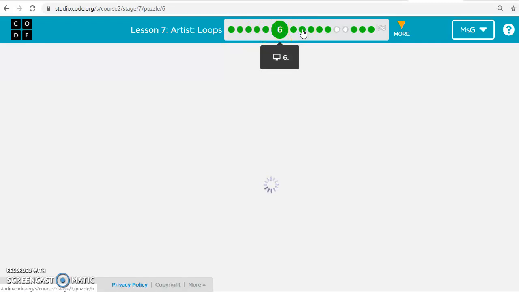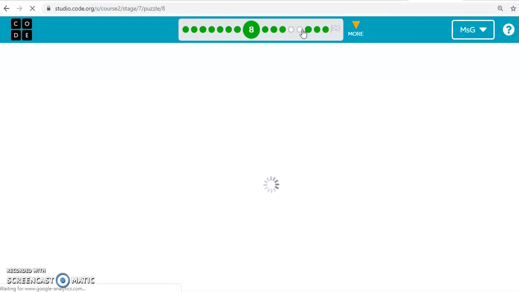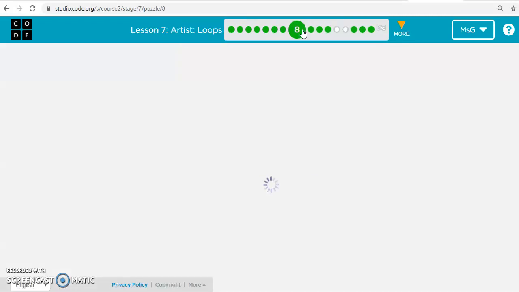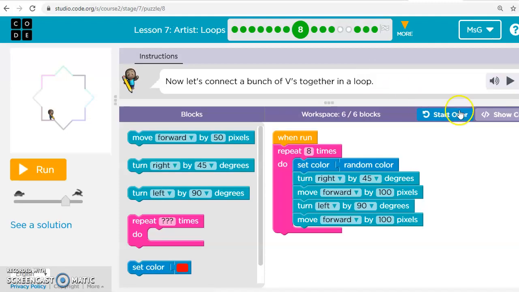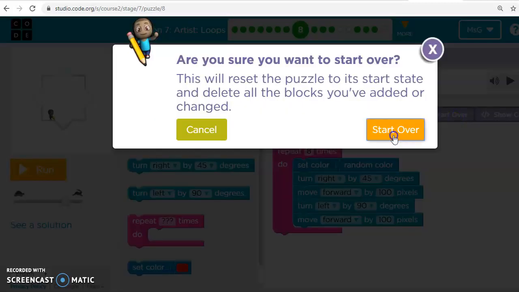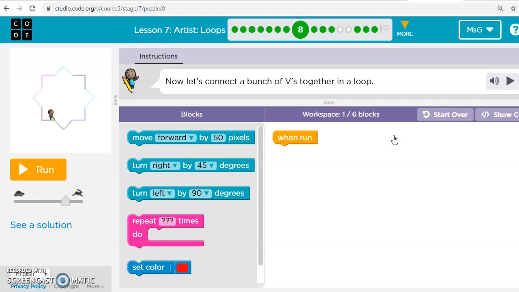So moving on now to number 3 on your worksheet. Puzzle 3 on your worksheet is a sort of V star shaped. It's a bunch of V's put together. So each side of the V is 50 pixels. So anytime we need to move forward, we need to make sure that it's 50.